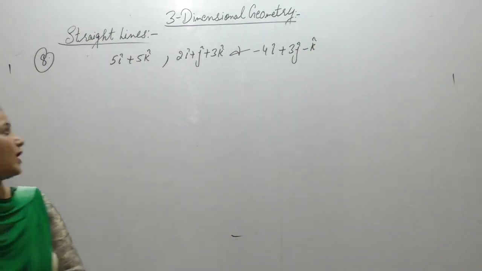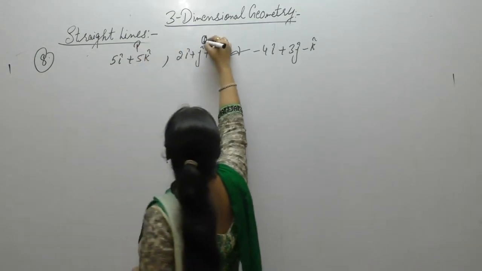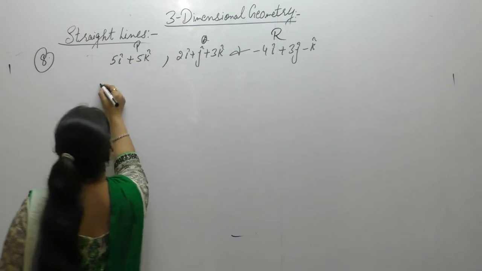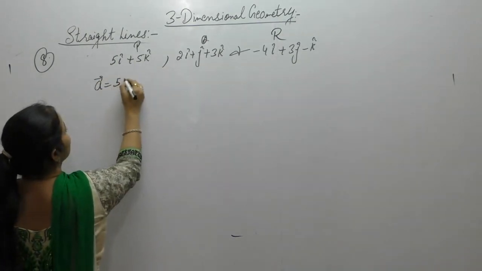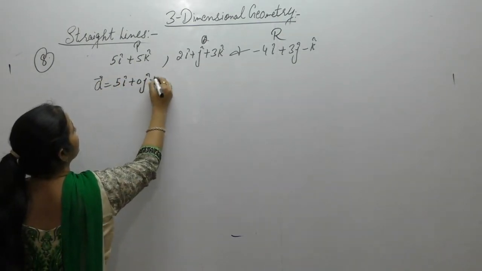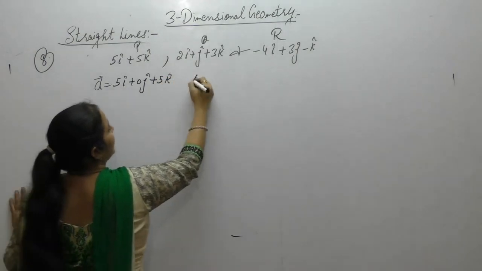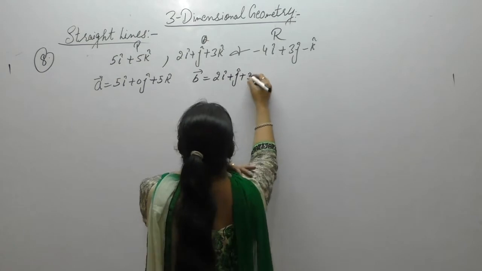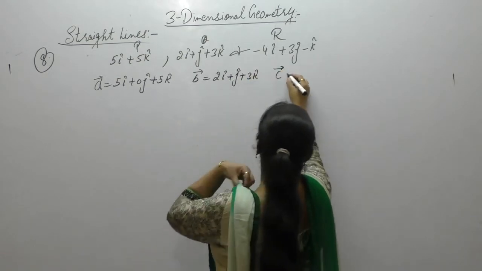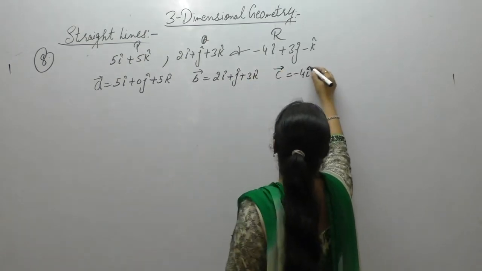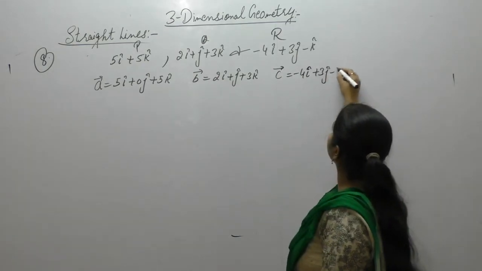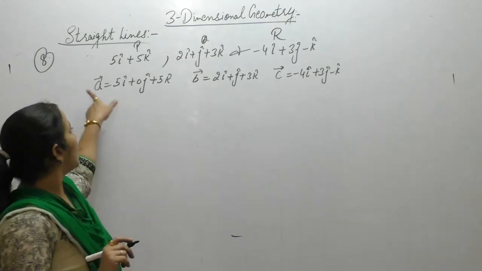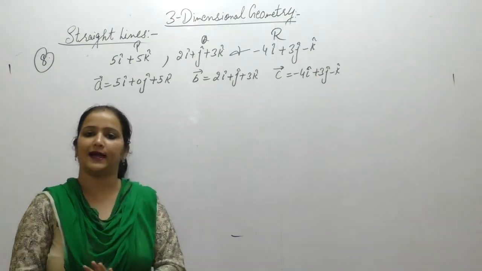Let the given points be P, Q and R, whose position vectors are a vector as 5i plus 0j plus 5k, b vector is 2i plus j plus 3k, and c vector is minus 4i plus 3j minus k.